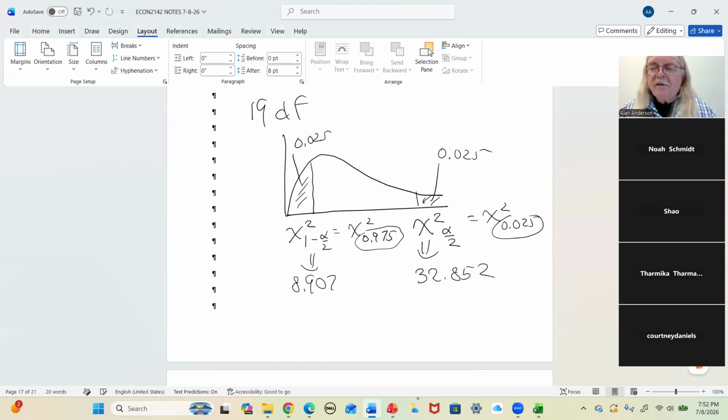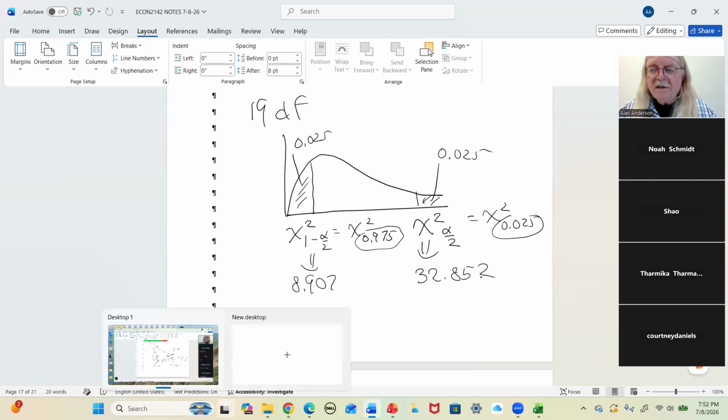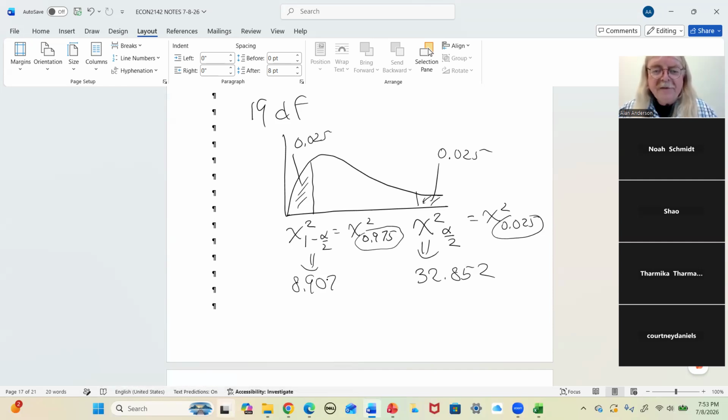So think of those as critical values. They separate, in this case, the upper 2.5% from the lower 97.5%. Down here, we separate the lower 2.5% from the upper 97.5%.